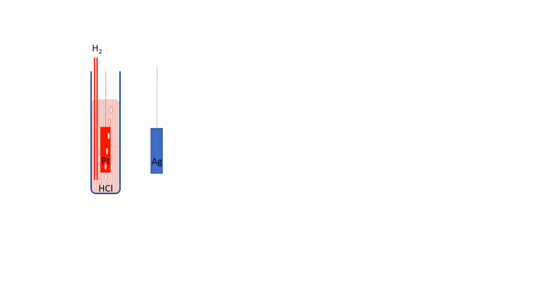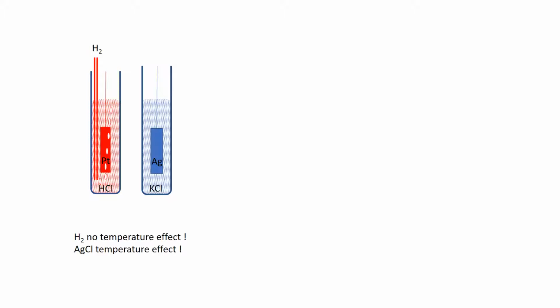Just to come back to the standard hydrogen electrode: it consists of a platinum sheet which is immersed into a hydrochloric acid solution with a pH value of 0. And of course you have to purge hydrogen gas onto the platinum sheet. The silver chloride electrode consists of a silver sheet which is immersed into a solution with potassium chloride ions.